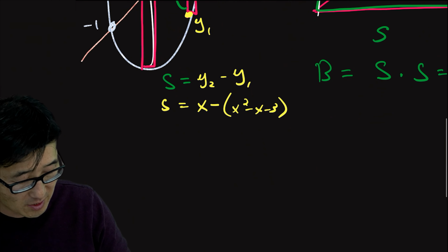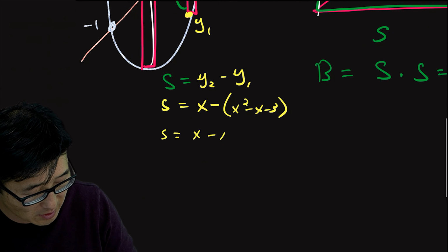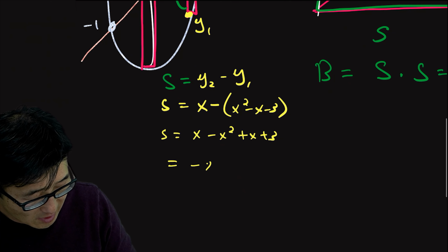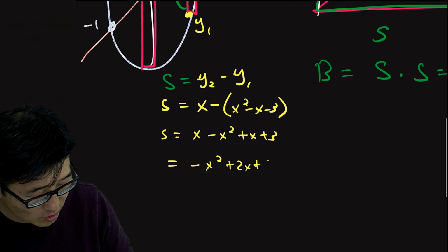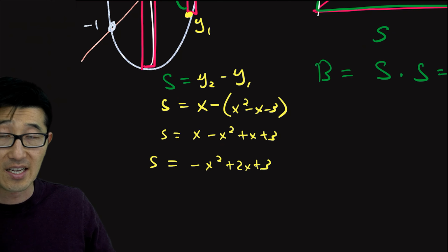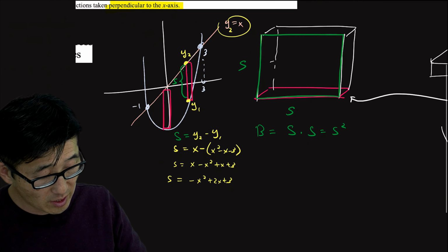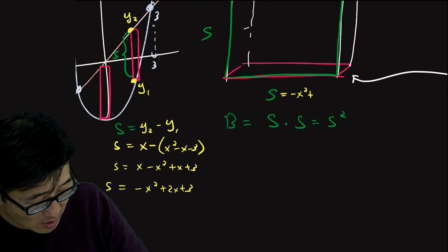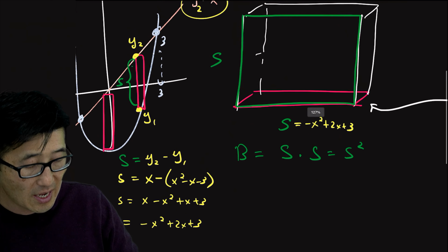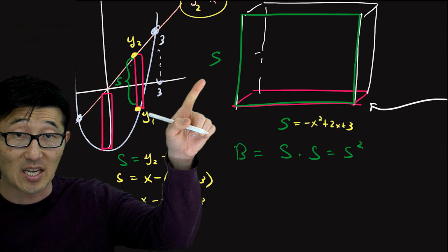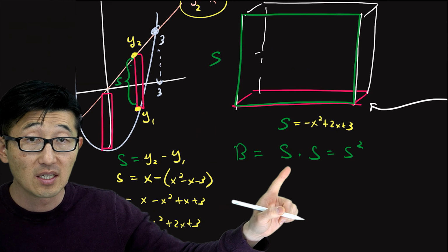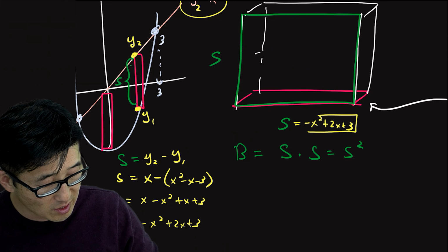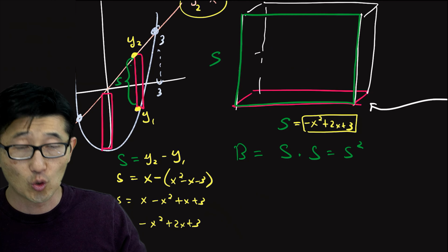So if you simplify this, it would be x minus x squared plus x plus 3, and negative x squared plus 2x plus 3 is the side of my square. So here I'll put s is equal to negative x squared plus 2x plus 3. So the area of the base is taking those two sides, s, or we'll replace it with this whole equation, and we're going to square it.